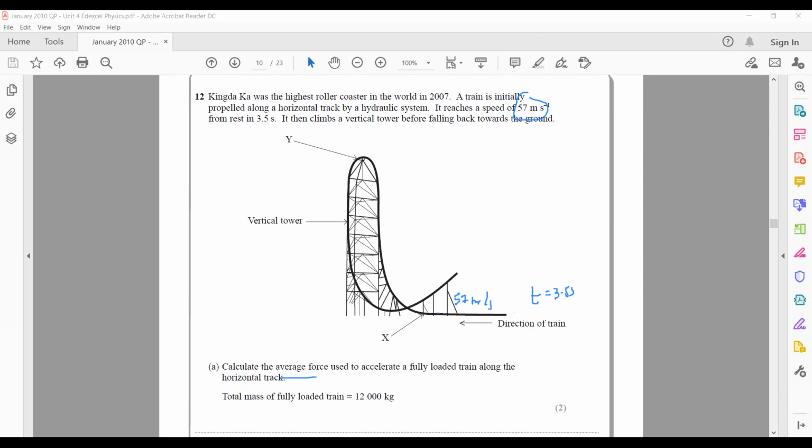What's the resultant force, average force? What is the average force?